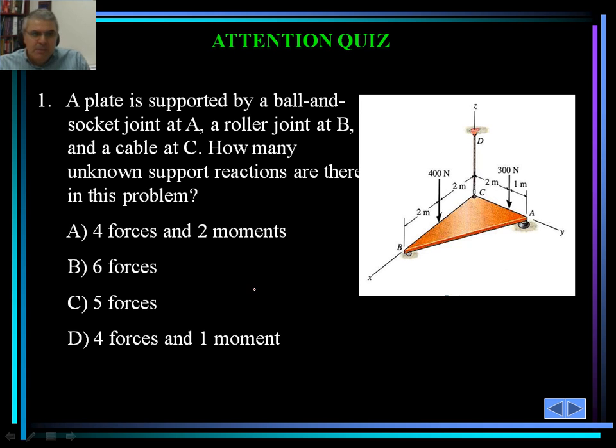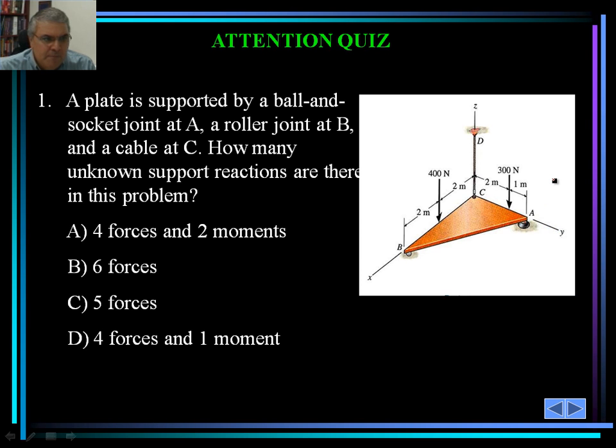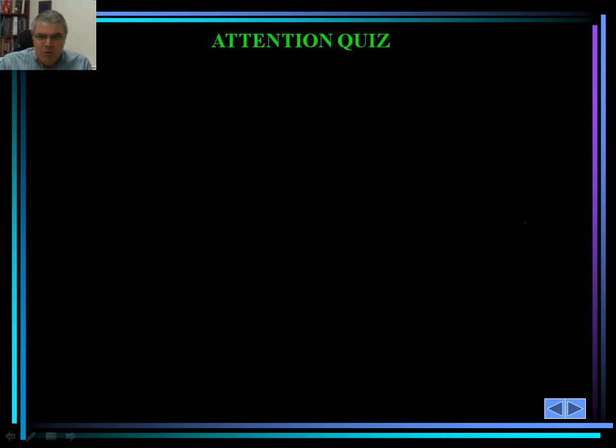A plate is supported by a ball joint at A, a roller joint at B, and a cable at C. How many unknown support reactions are there in this particular problem?